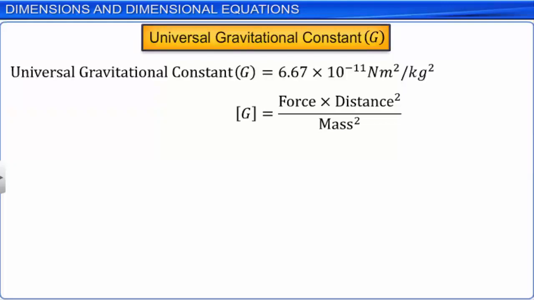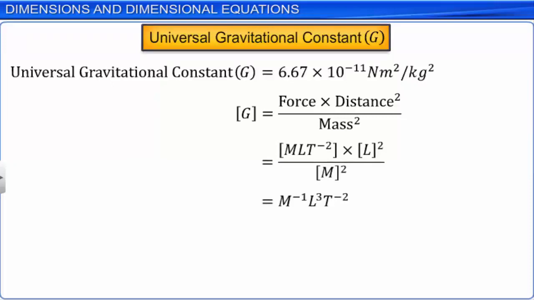Thus, the dimensional formula of G is obtained as shown. We obtain the dimensional formula of G as M^-1 L^3 T^-2. You will learn about G in detail later in the course.